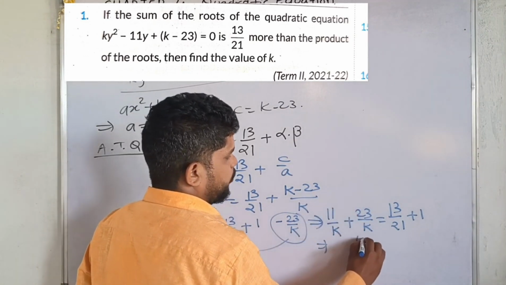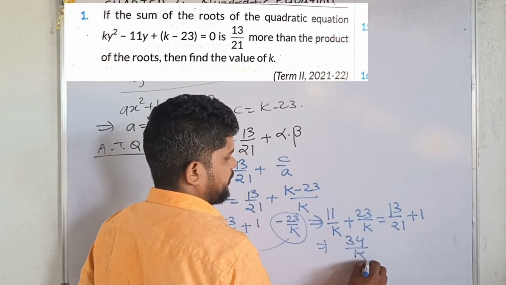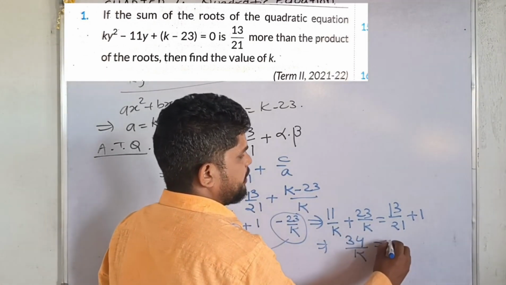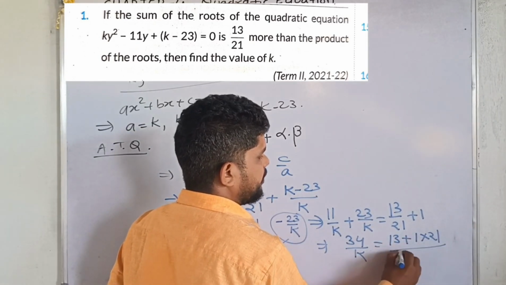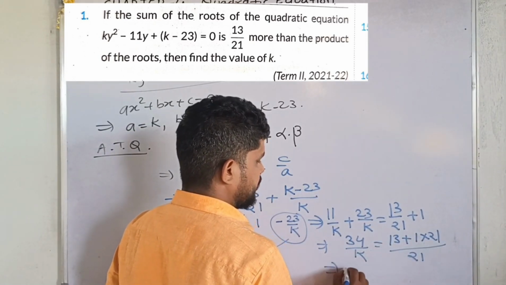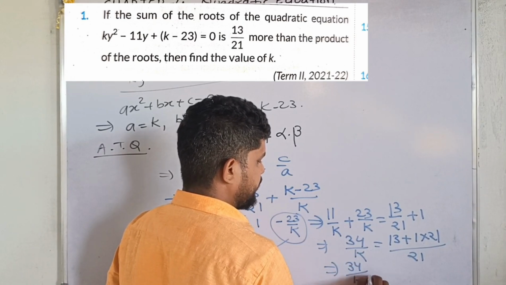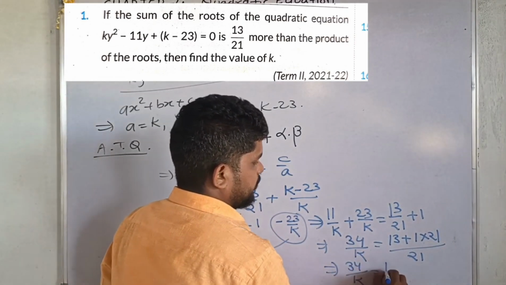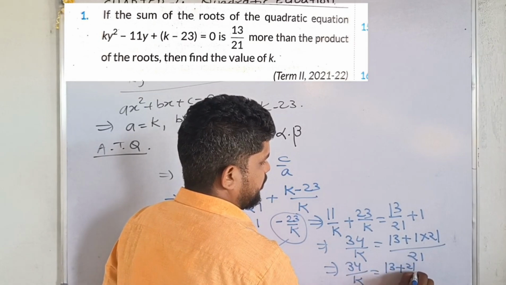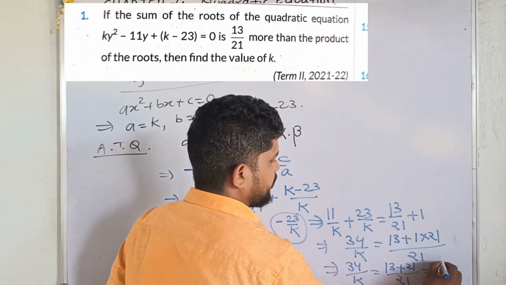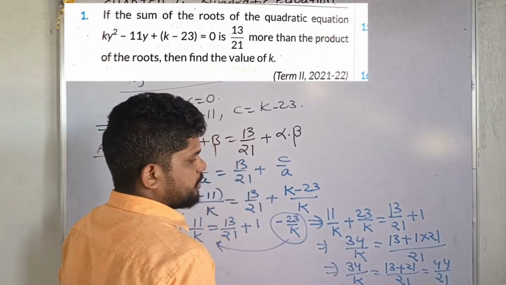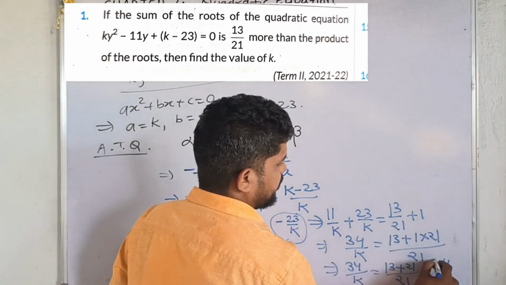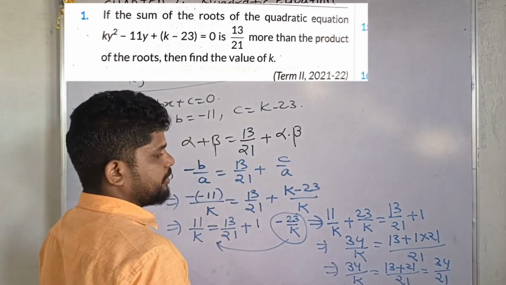So this will be 34 divided by k. Okay, and here by taking LCM, it will be 13 plus 1 into 21 divided by 21, which is 13 plus 21 divided by 21. This will be 34 divided by 21.